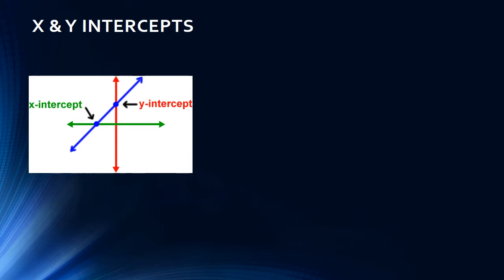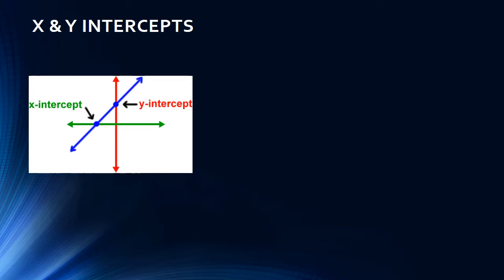Okay. One of the easy ways, or maybe helpful ways, to graph a function is to use intercepts. Remember, the x-intercept here in green is when the graph crosses the x-axis.